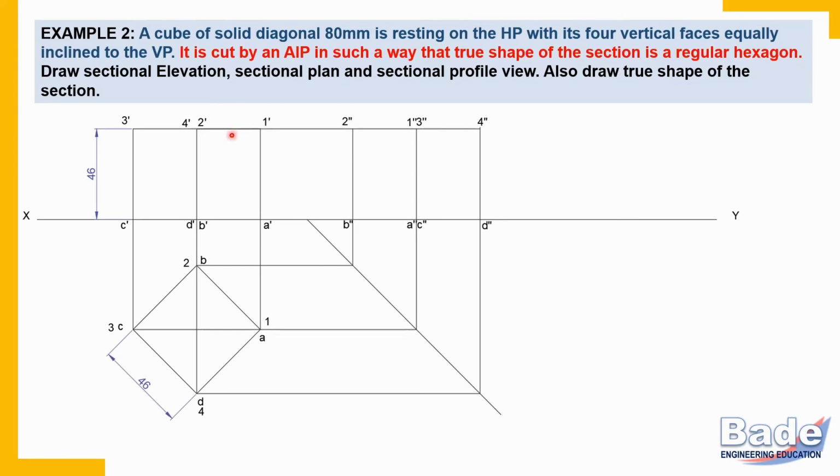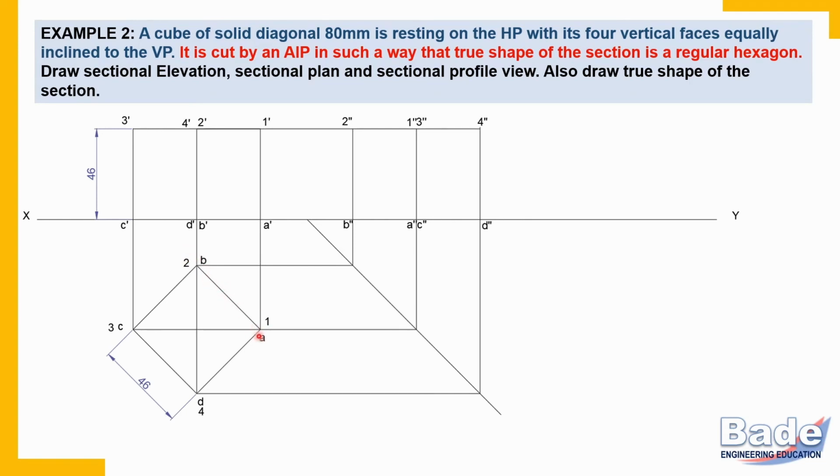How to get the midpoint of this edge? There are two ways. Either you bisect 1, 2 using the regular procedure, that is intersecting arcs at top and intersecting arcs here on this side. You will get the perpendicular bisector and therefore the midpoint. But there is one more way. Edge 1, 2, we don't know the length of edge 1, 2 in the front view. But in the top view, we know this length, it is 46.